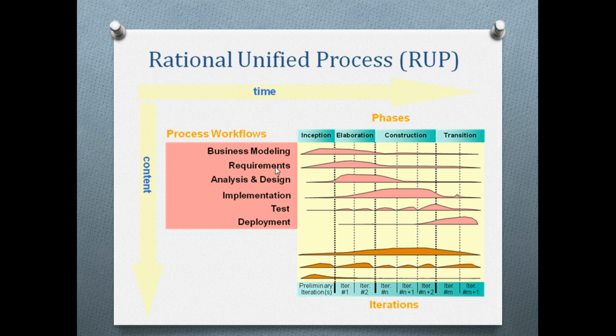Requirements are a little less steep than business modeling, going a little more slowly. Once business modeling is done, requirements are done side by side. But requirements are totally done in the elaboration phase, where business modeling is done in the inception phase. Then requirements are completed by the elaboration phase.